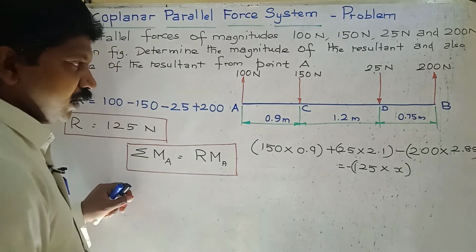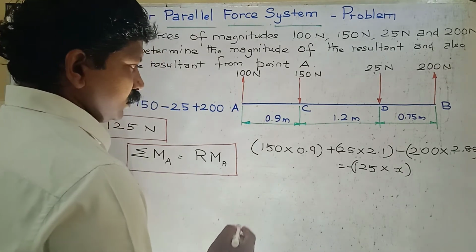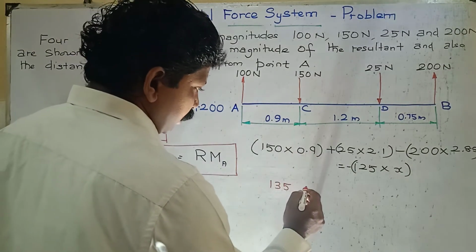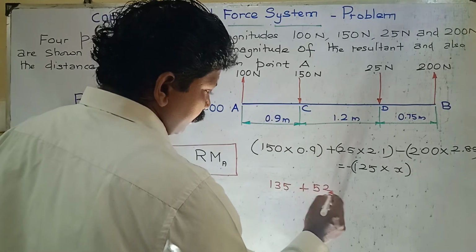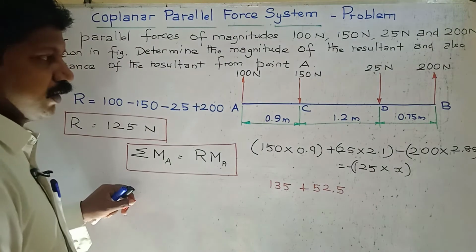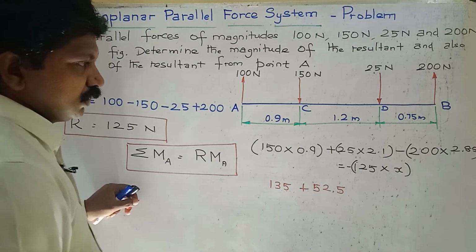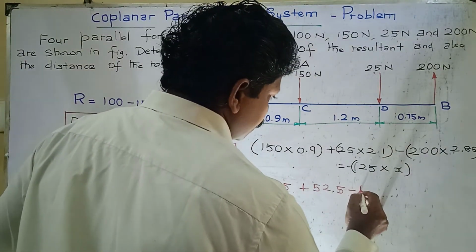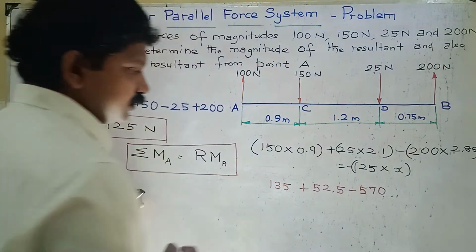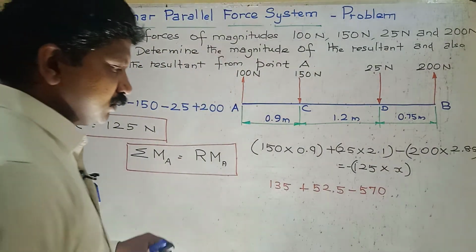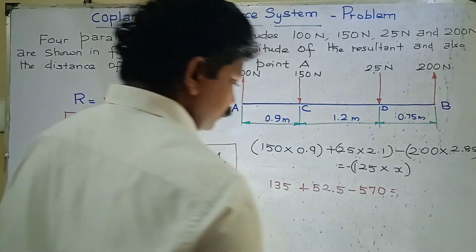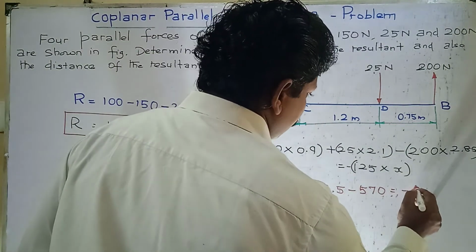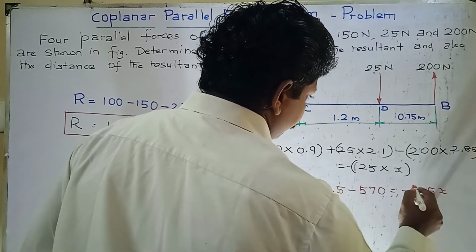150 into 0.9 equals 135, positive, plus 25 into 2.1 equals 52.5, minus 570 Newton meter, equal to minus 125 x.